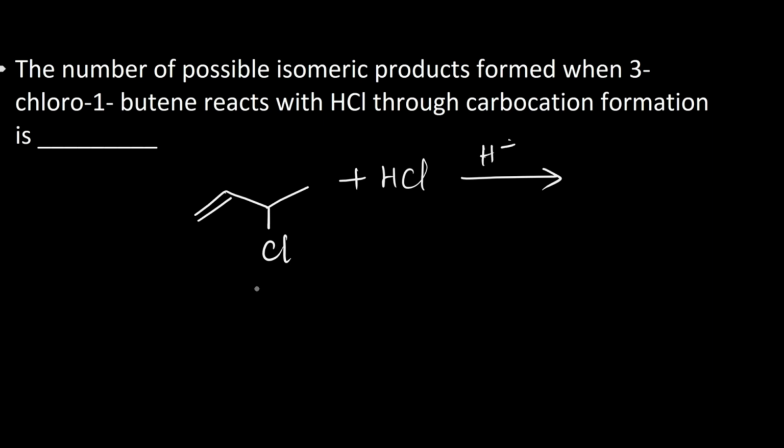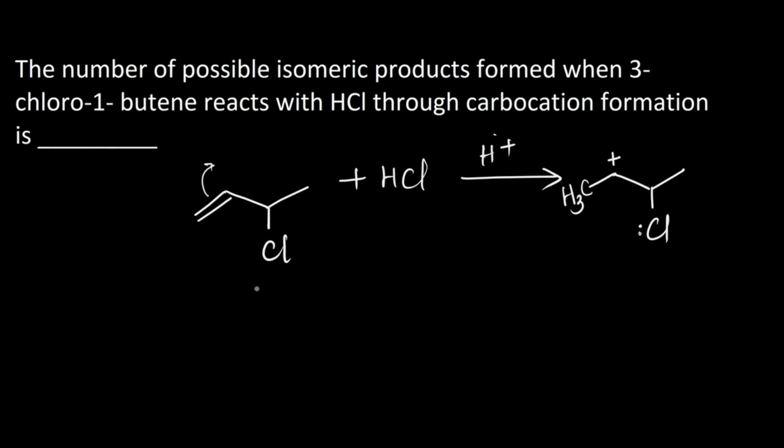First H plus will take up the electrons from the double bond, which makes this carbon positive, and H will get added over here, so CH3. Then I have Cl.